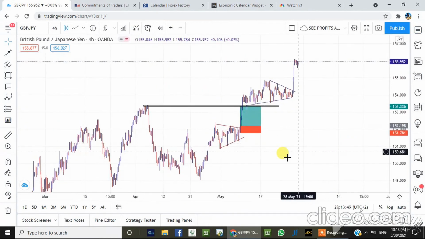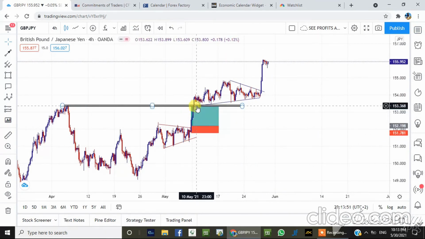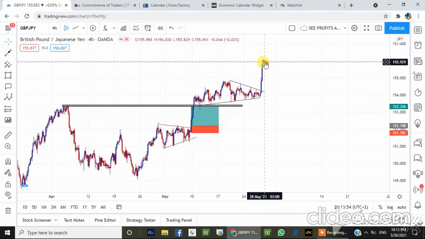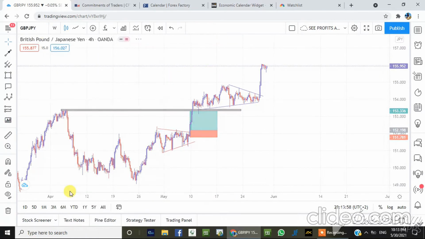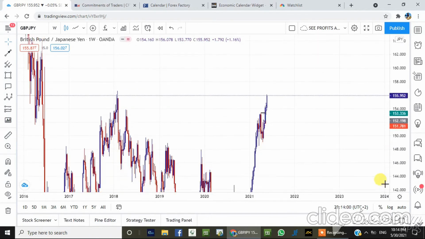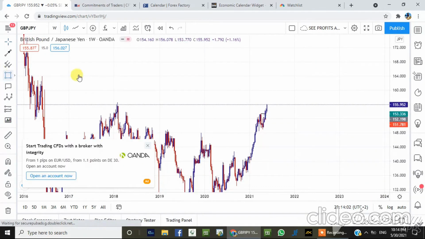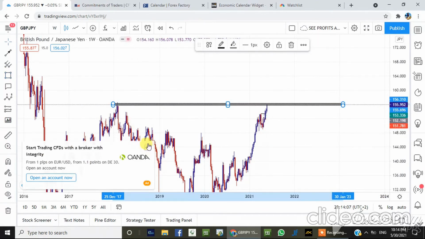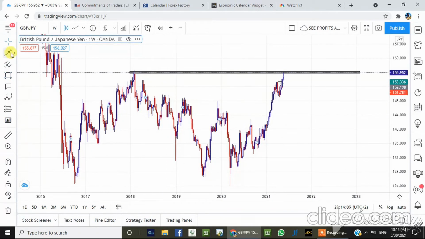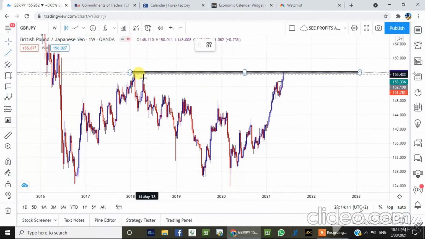We took a buy trade and we closed in profits. But now, I don't think it is a good idea to trade GBPJPY right now, since it is on a weekly resistance. So we are looking for sales. Let's look at the market nature.